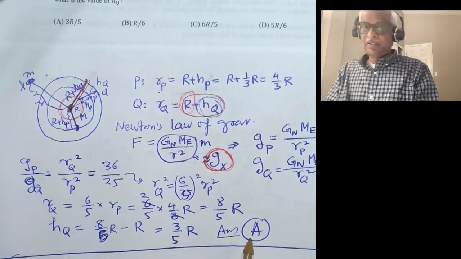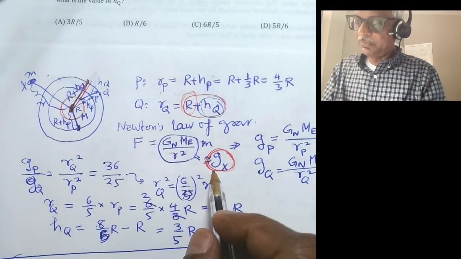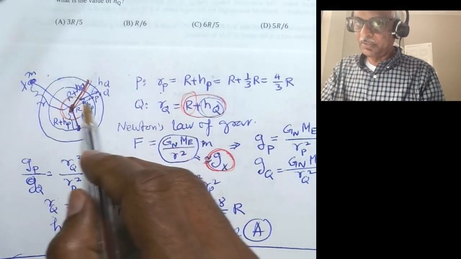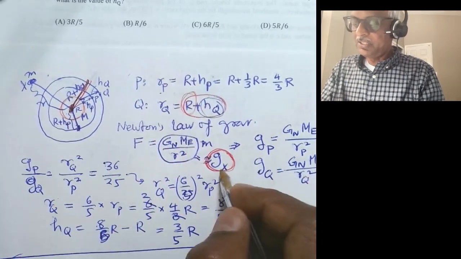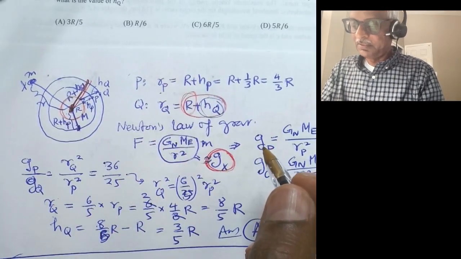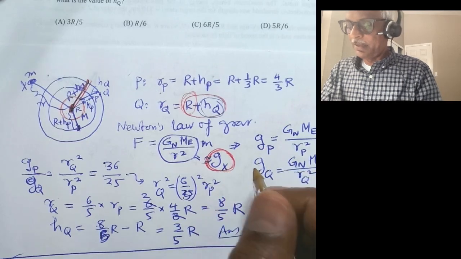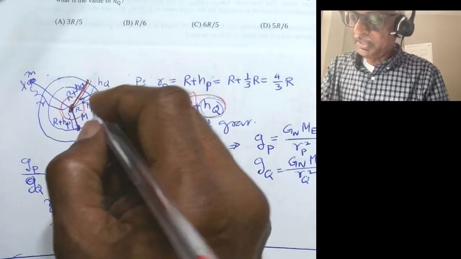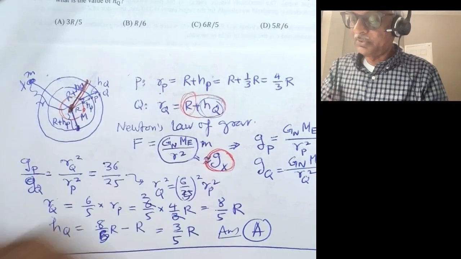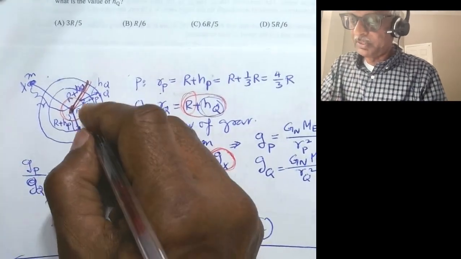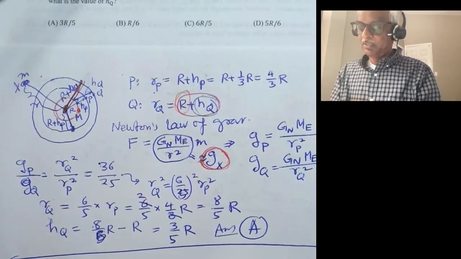This is a variable g. g varies with distance, so this g is not 9.8. 9.8 will be close to the surface of the Earth if you are at this point.